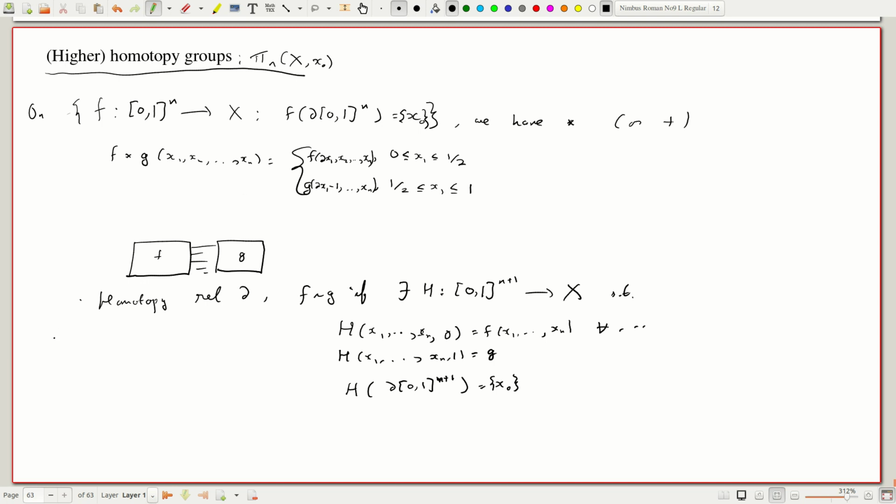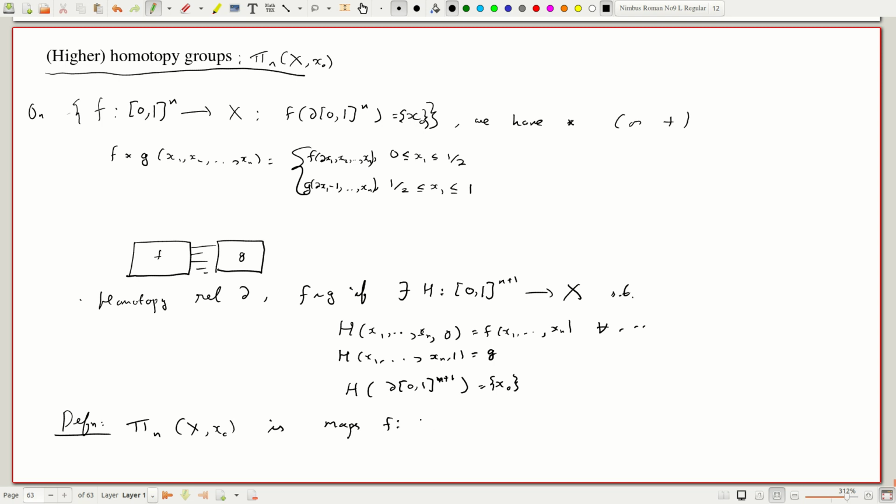I have gotten an operation as well as a homotopy, and so the definition: pi n of X, x0 is the set of maps f up to homotopy fixing boundary. Let me write this a little better; I won't write it in all detail.